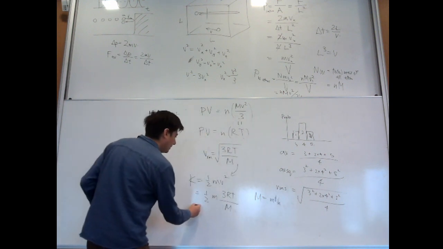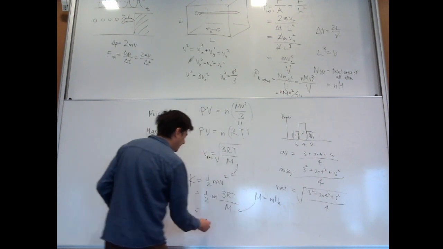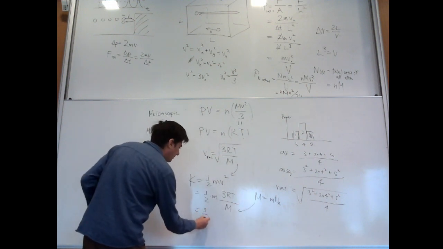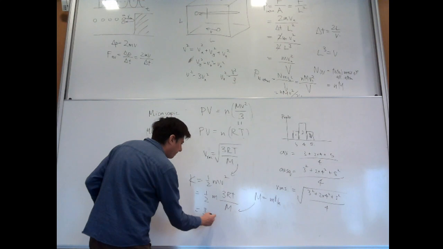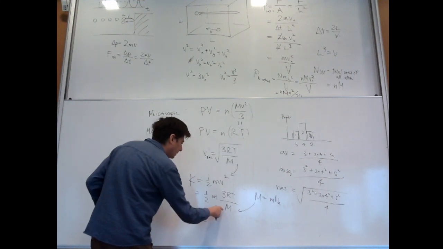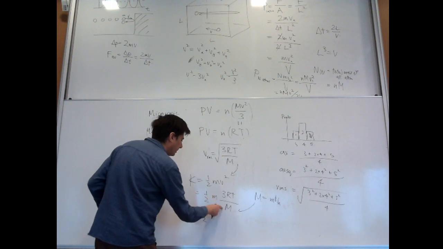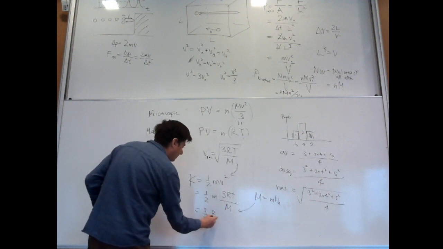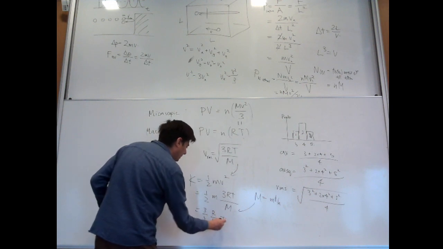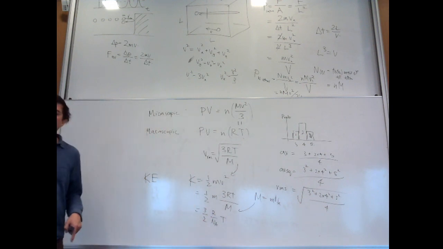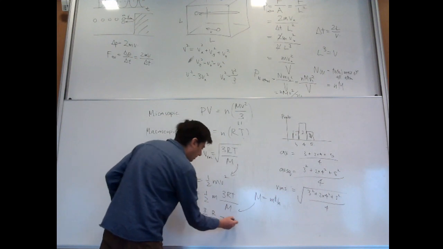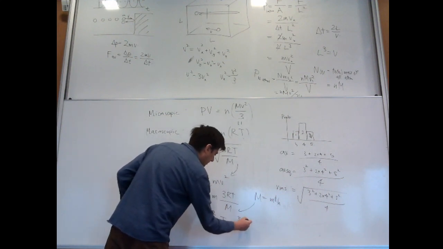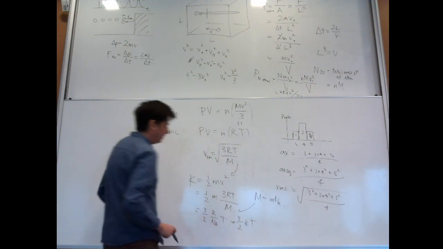So let's stick that in there. Then it's going to be 3 over 2, and when you put that there, this little m cancels, leaving R over NA times T. And R over NA is what we define as the Boltzmann constant.